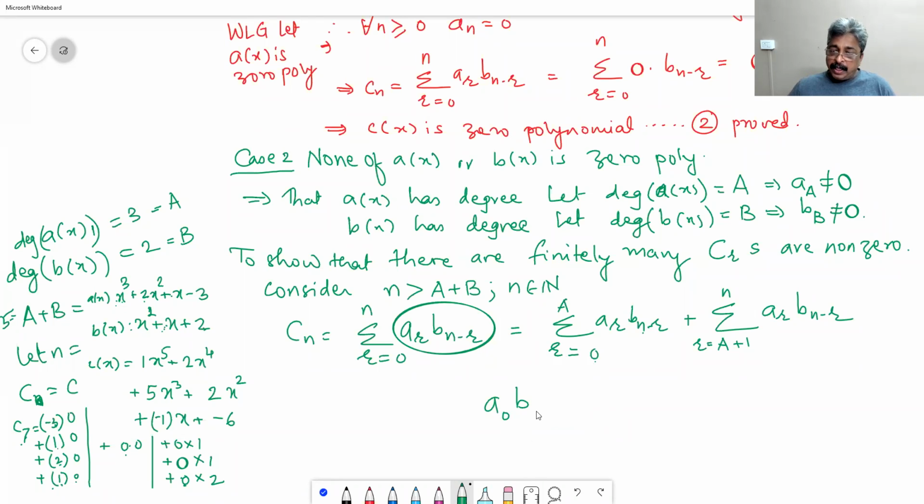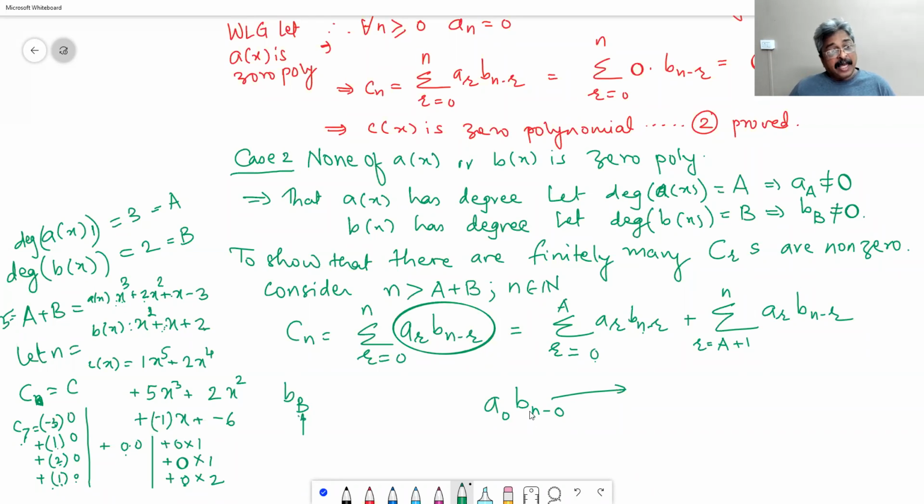A0 b(n minus 0). Now, as n is greater than a plus b, the coefficient bn is of course going to be 0, because the largest non-zero coefficient in polynomial B(x) is capital B, and every coefficient after capital B is 0.